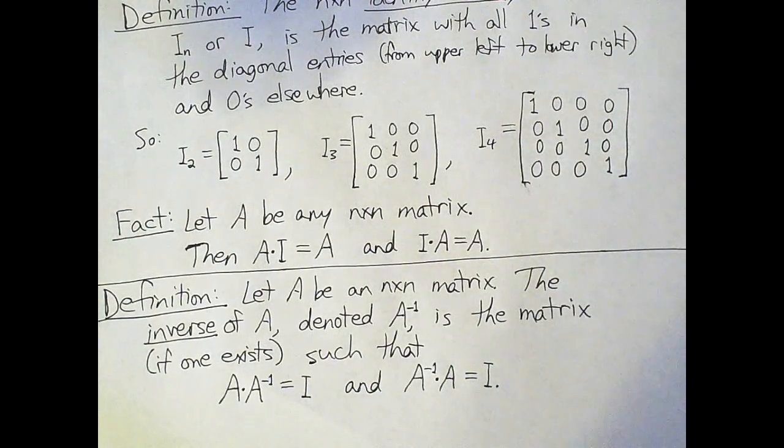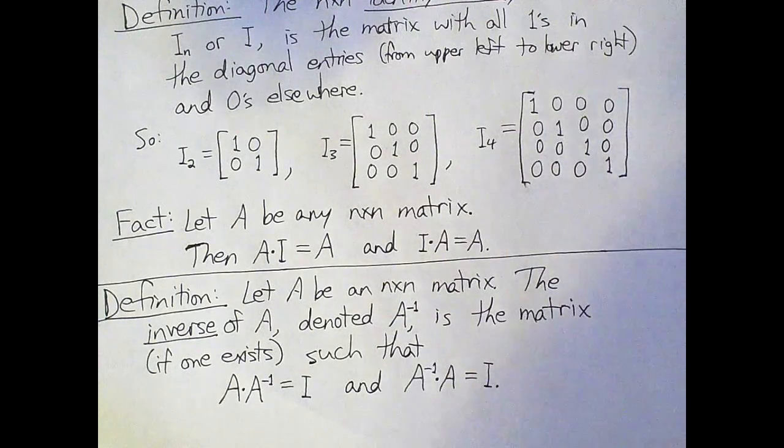As an analogy with multiplication of numbers, if I had the number 5, is there a number that when I multiply 5 times this number, I wind up getting 1?